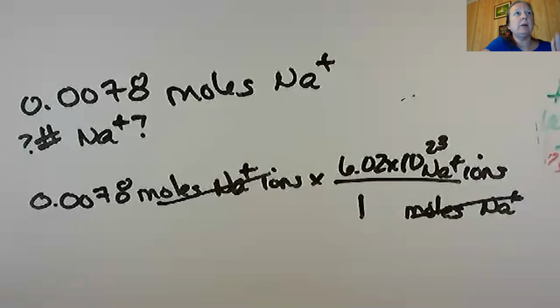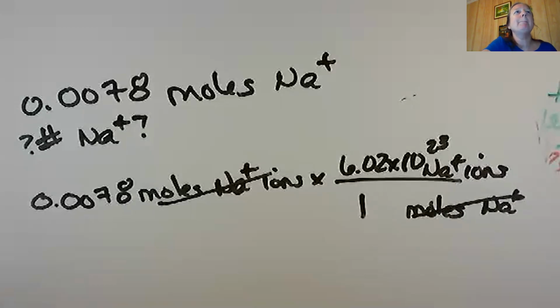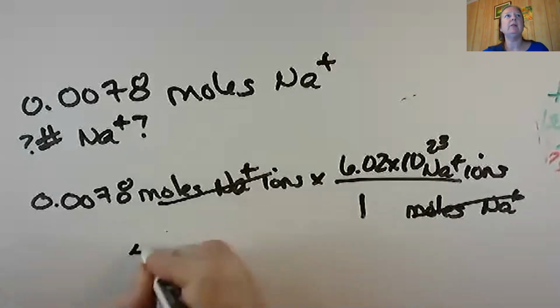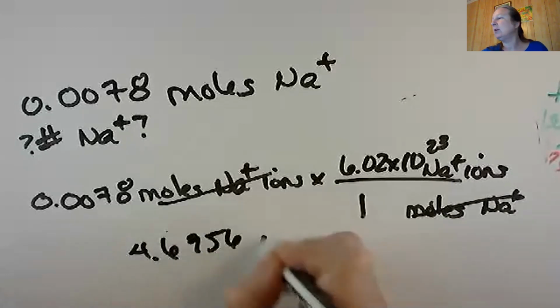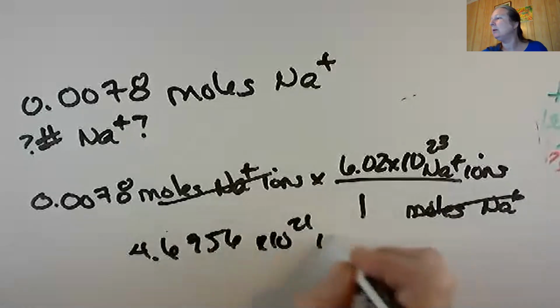And my calculator here has an EXP key to put in the 23. And then it gave me the number in regular notation with all those zeros. So I have an F-E button. I click and it gives me the number in scientific notation. And it says it's 4.6956 times 10 to the 21 ions.